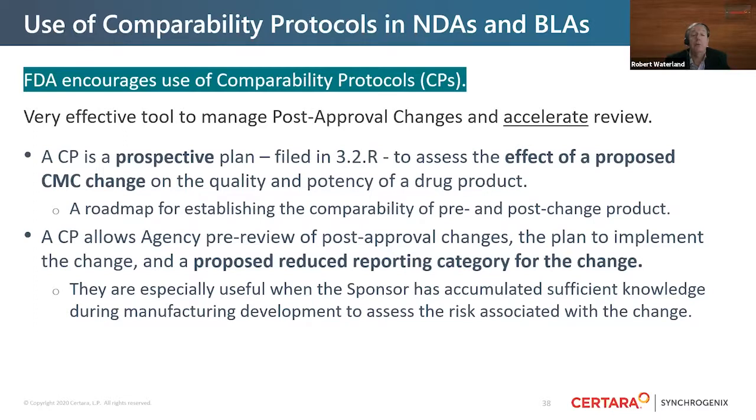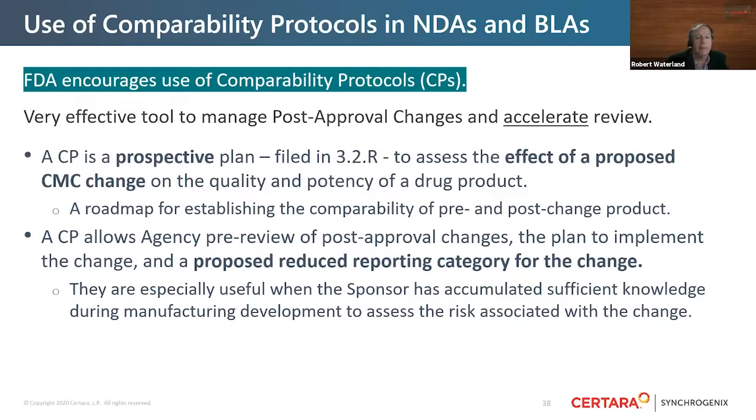The agency will review it and hopefully approve it. And if they approve it, instead of having to file a PAS, a prior approval supplement, which of course takes a long time, you can say, and the agency can agree, that you can file it as a CBE 30. That's a fantastic thing. So be mindful that these are useful and should be used more.